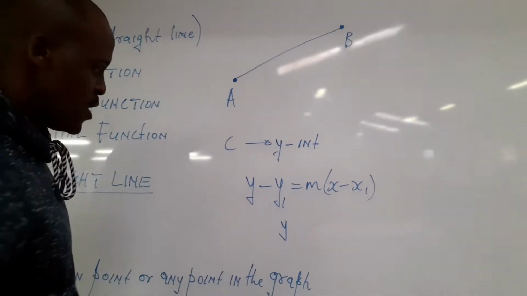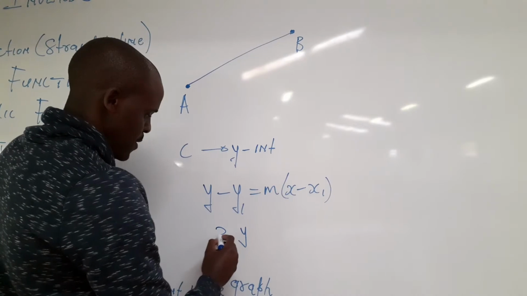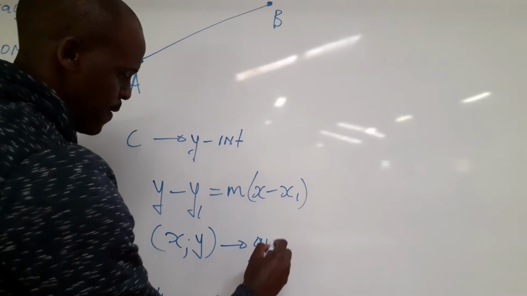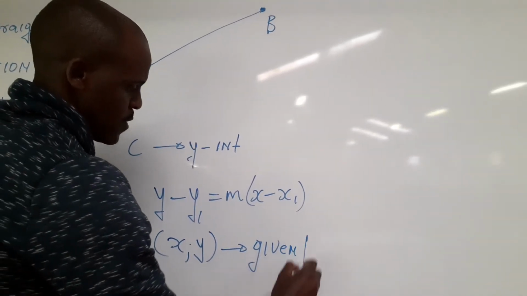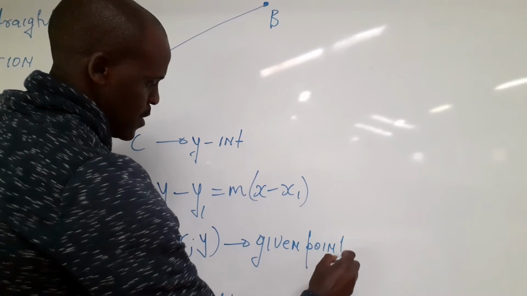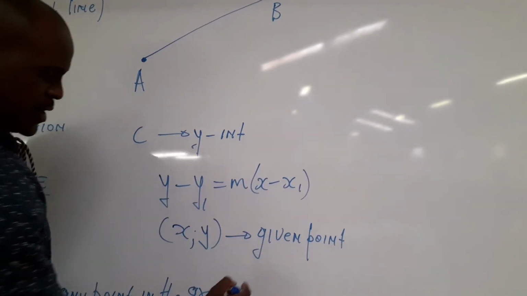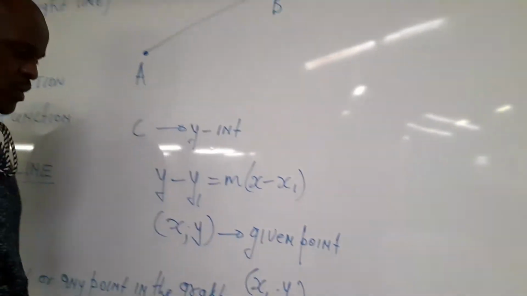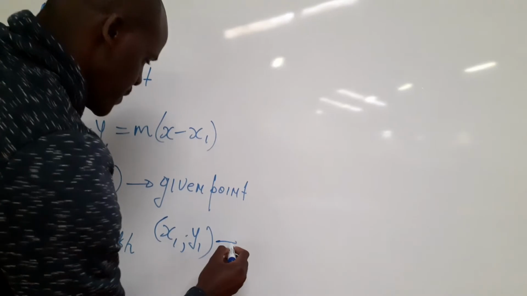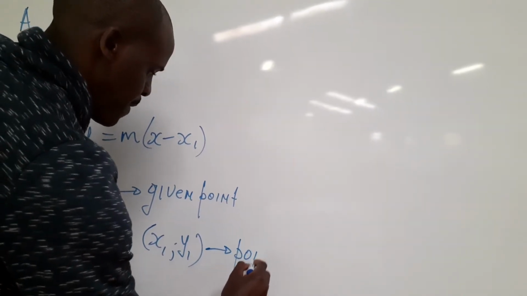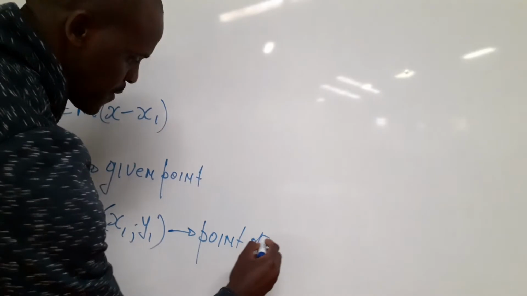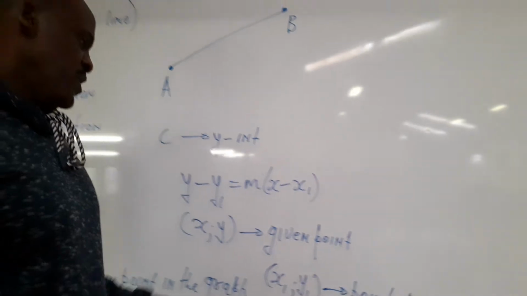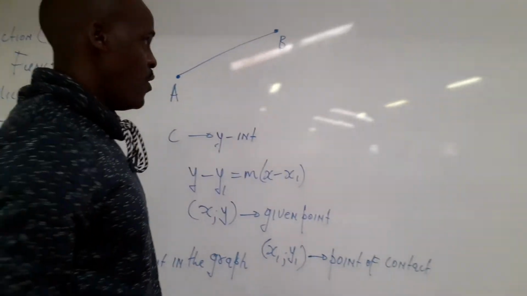A tangent is a straight line. Here y and x is a given point, and x1, y1 we usually call the point of contact. And then m is our gradient.